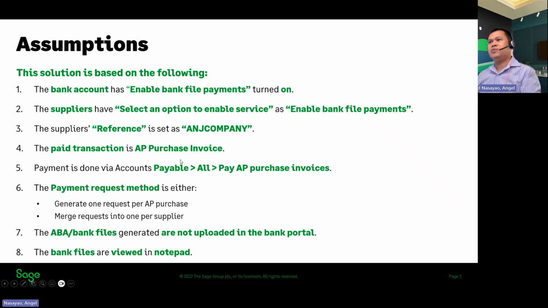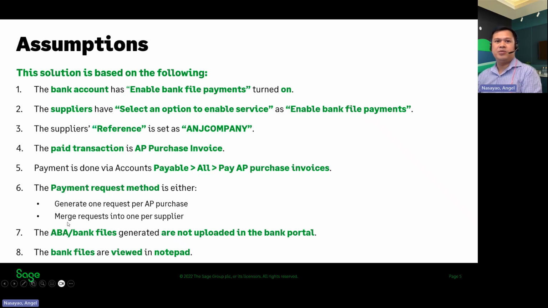And for the payment request method, when you go through the payment screen you have at least 4 options, but in this case we'll just be dealing with either generate one request per AP purchase invoice, meaning you'll be generating a payment request exclusively for each AP purchase invoice being paid.